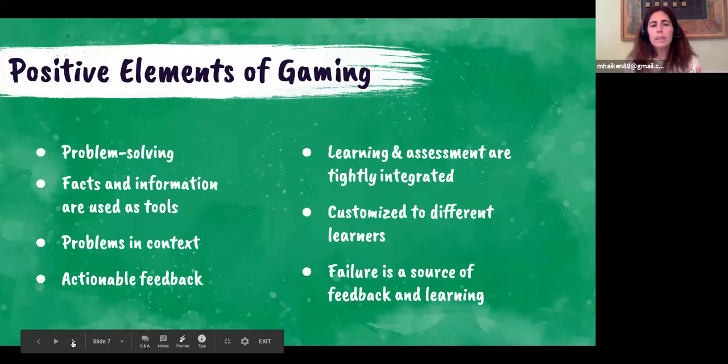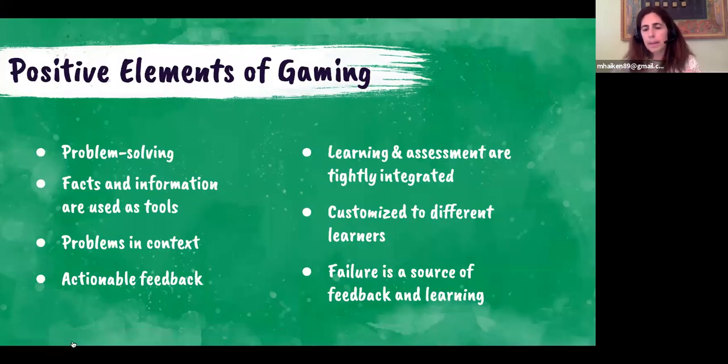So we see a lot of positive elements of gaming, and I will say that in the past 7-8 years, there's been a lot of research to really focus on what we'll call good gaming, or what James Gee calls good gaming. Problem solving, we're using facts and information as tools. Students are learning and understanding and deconstructing problems in context.